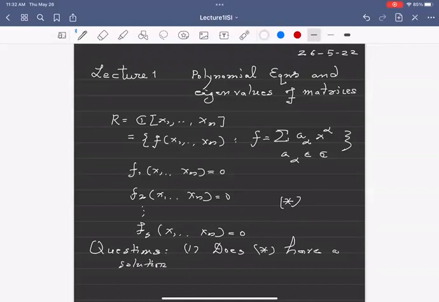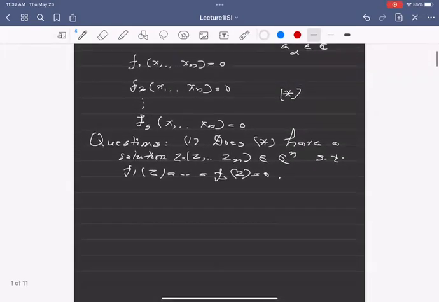By solution, we mean an n-tuple of complex numbers z such that f1(z) up to fs(z) is 0. So does it have a solution?